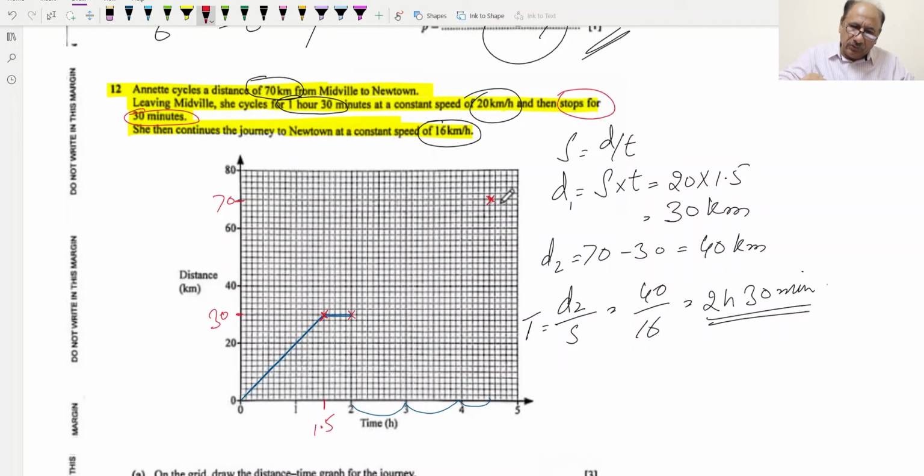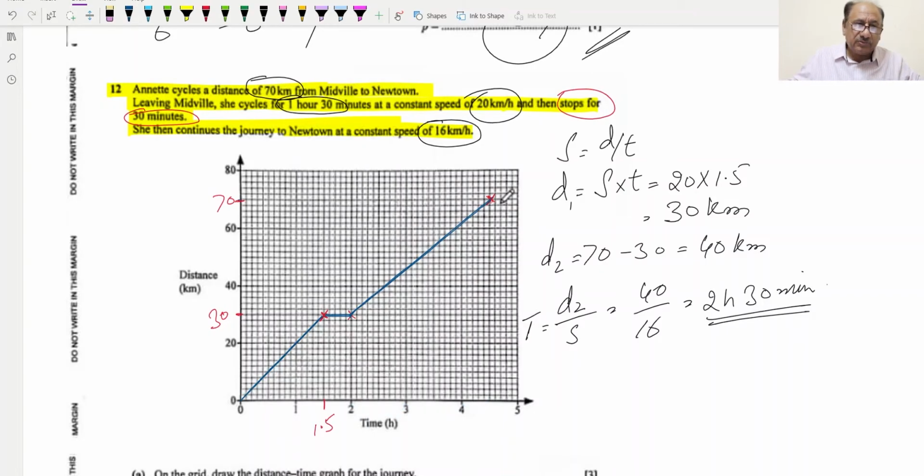So we got this, and now we can join these 2 points as well. This will be the last part of the journey, and we can show this as the last part of our journey, hopefully. 1 2 3 4 5, yes, exact, we are done with it.